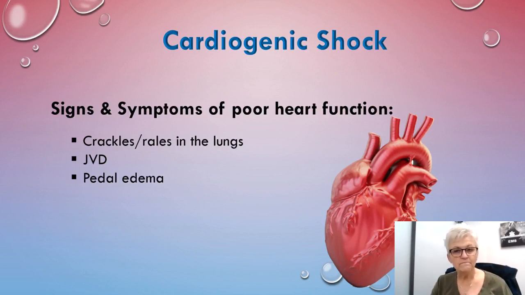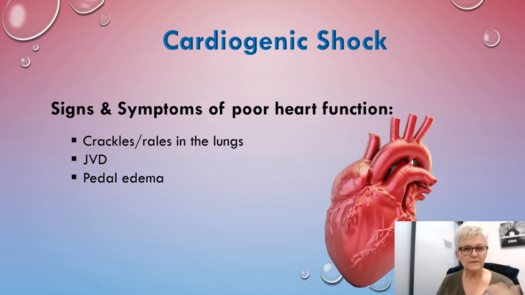Okay. Another thing we may see with cardiogenic shock in your patient that's sitting up, we will see JVD. That is blood backing up into the vena cava and into the superior vena cava, which is your JVD, and the inferior.